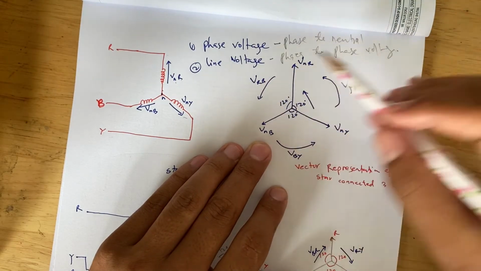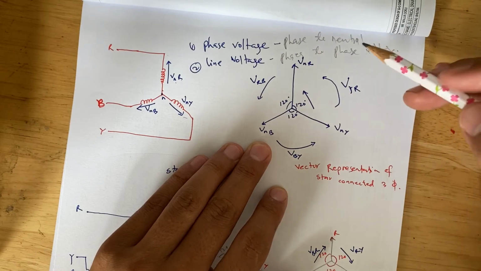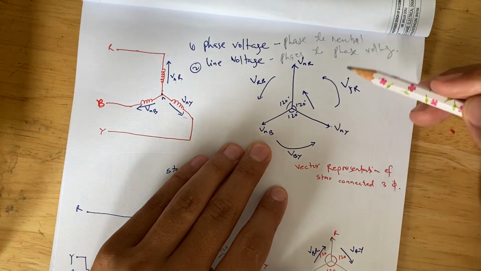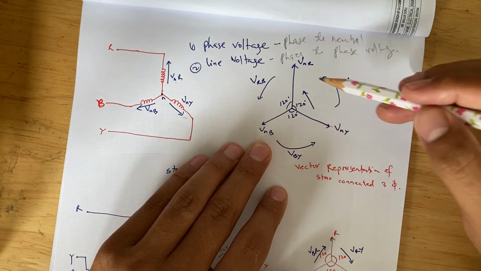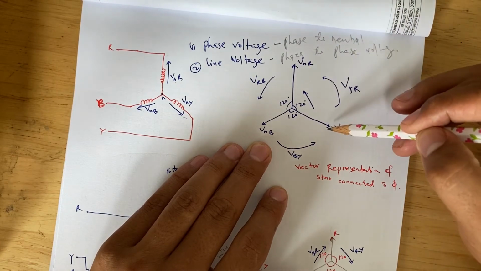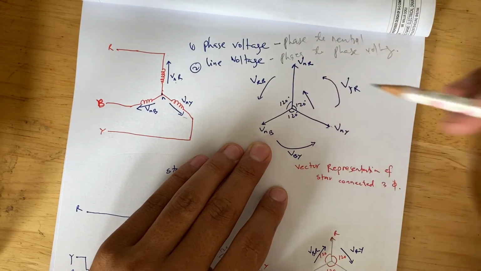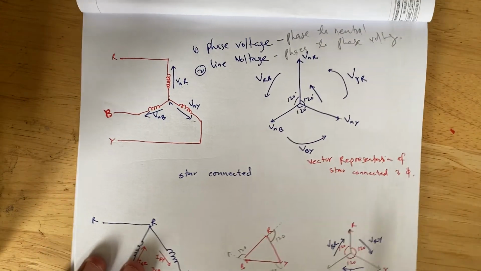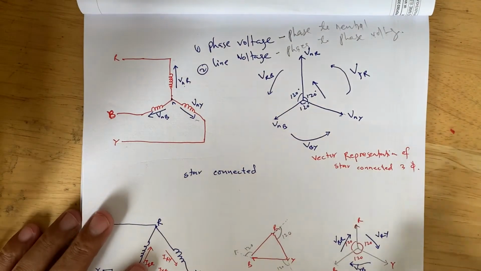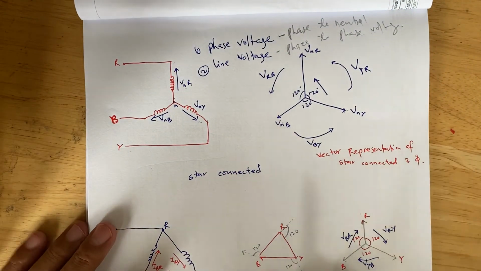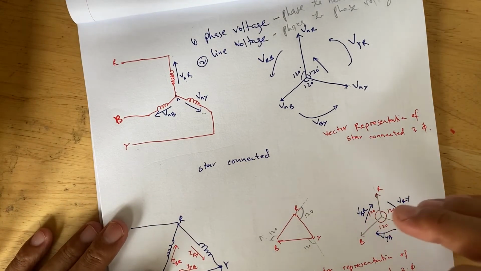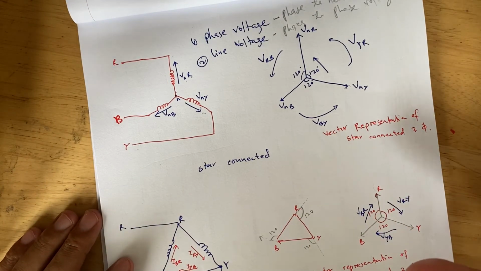The line voltage is measured between this line and this line, or from this to this, or from here to here. Now, in a balanced three-phase system, the connected load in each phase is equal.